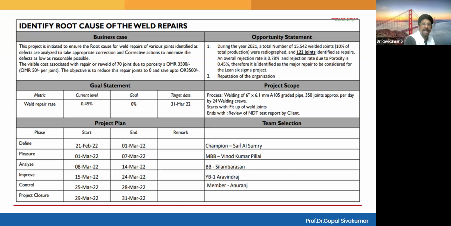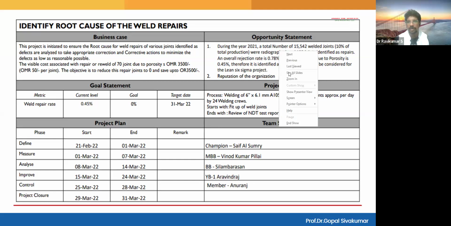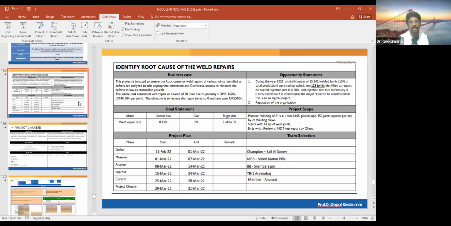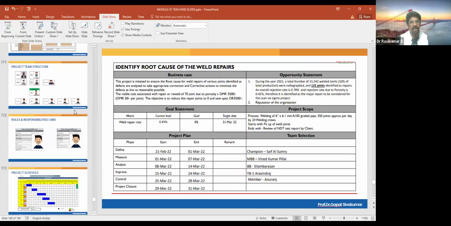So what is the project plan? What is the timeline? It starts on 21st February and ends on 31 March 22. So this is the timeline which is clearly mentioned. So the team selection is made on the following basis. Okay, this is how you develop a project charter.